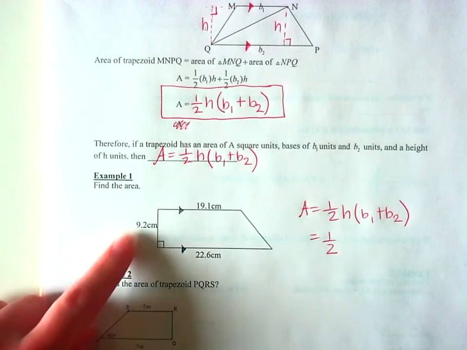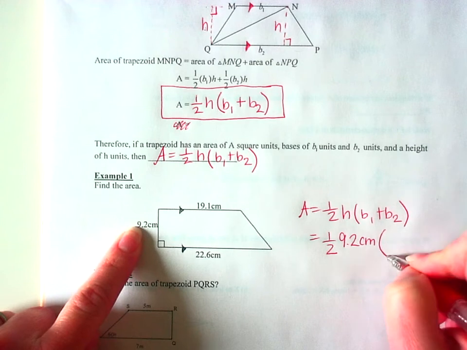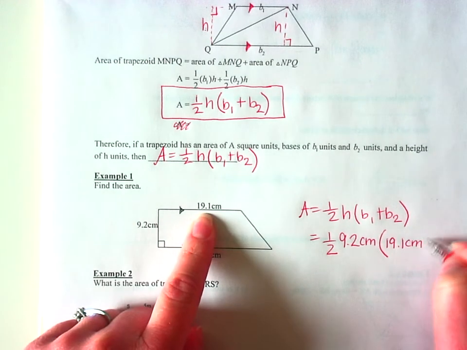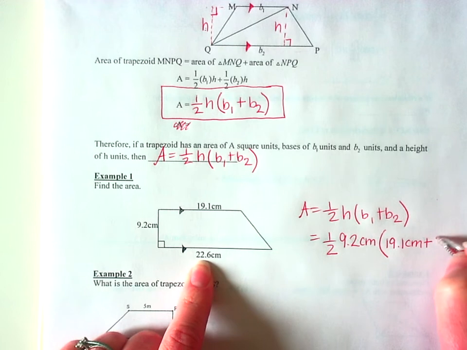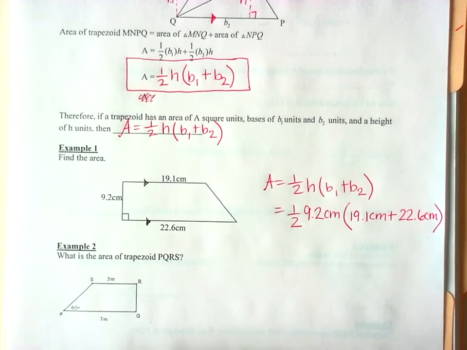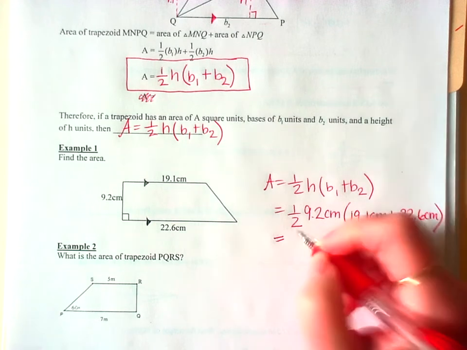Okay, the height is the 9.2 centimeters. And then the bases are 19.1 centimeters plus 22.6 centimeters. Okay, and then we will simplify that from there. So 1/2 of 9.2 is 4.6.